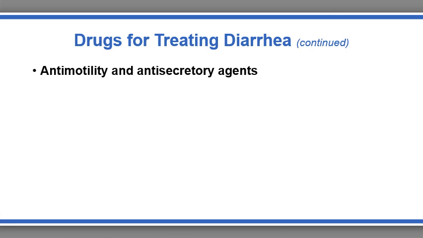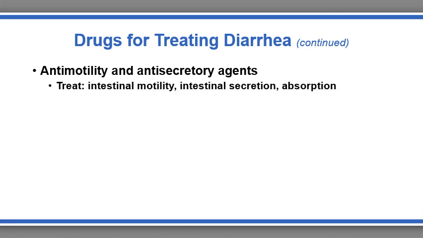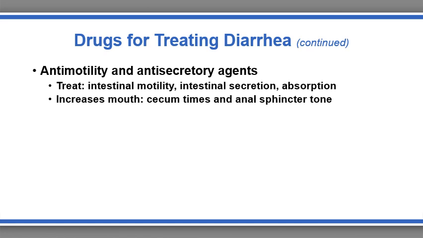So continuing on with this, you have anti-motility and anti-secretory agents. They can treat intestinal motility and intestinal secretion and absorption. What they're basically going to do is increase the mouth-to-cecum times and anal sphincter tone, which is going to reduce the number of times that you go to the bathroom.